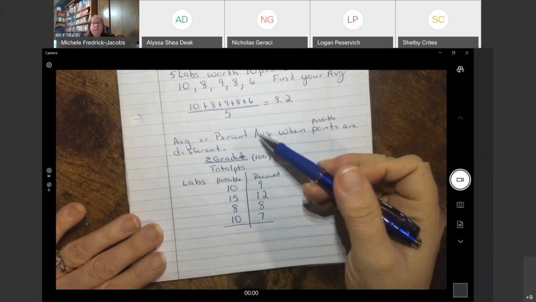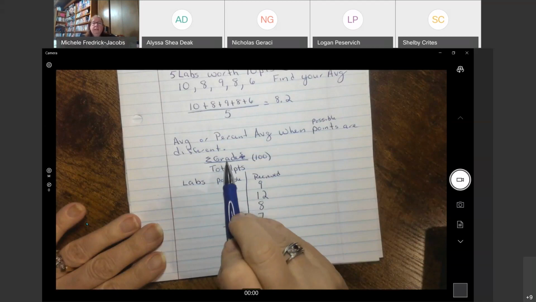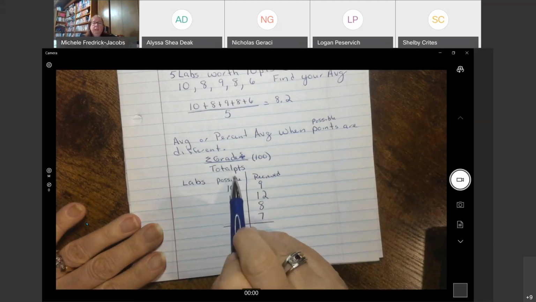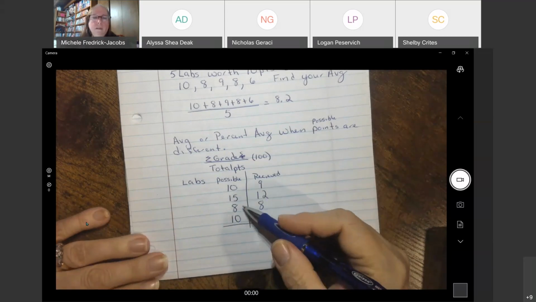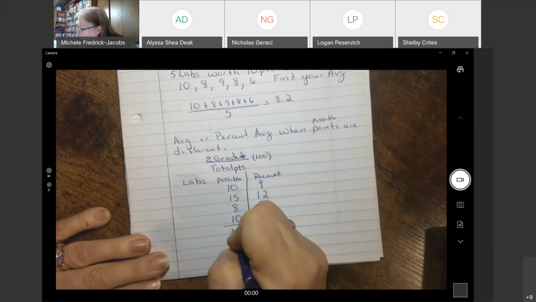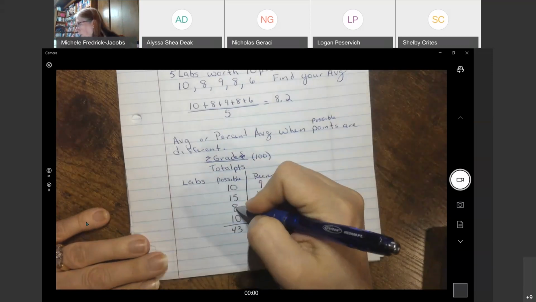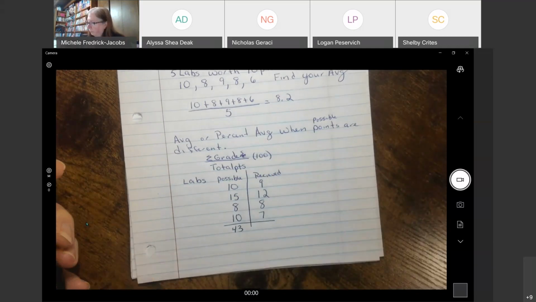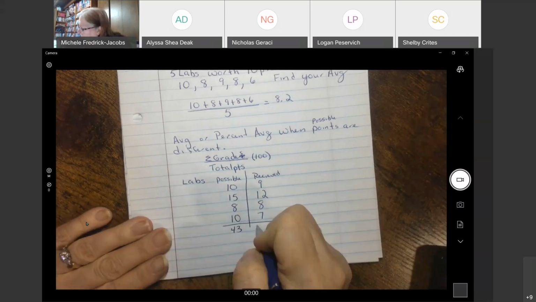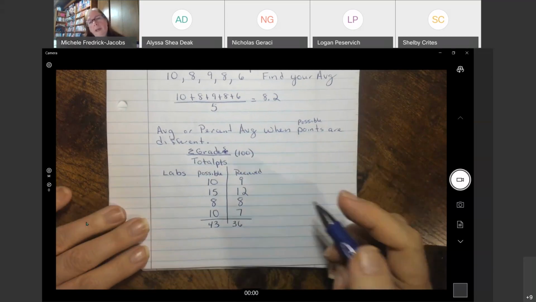To find our average, we would add both of these up because we want to add the grade and add up the total possible points. 33, 10, 20, 30, 40. So I added both sides up.